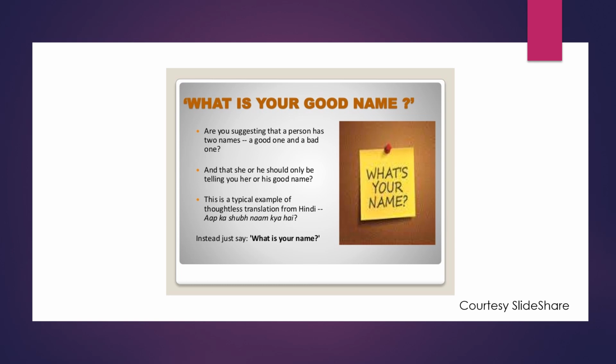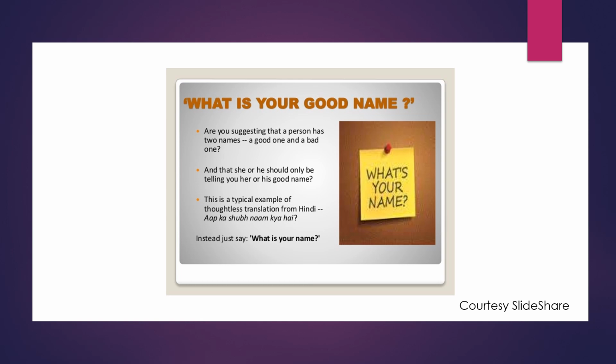So the very common and cliched kind of Indianism is, what is your good name? Now what is this good name? Every parent who chooses a name for their child considers it a good name. By asking what is your good name, you imply that maybe there are names that are bad also, which of course can be offensive. So you don't have to ever put it as what is your good name. Again, this comes from the Hindi translation, आपका शुभ नाम.